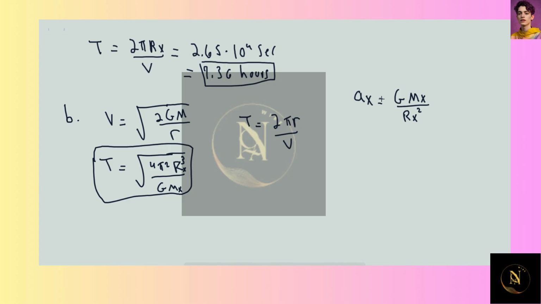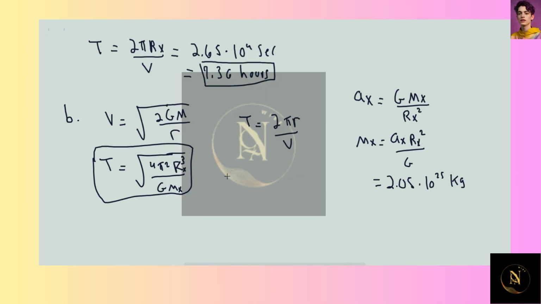So that's true on any planet, including this one. And so we know r_x, we know G, so we solve for m_x as just a_x r_x squared over G, and that should come to be 2.05 times 10 to the 25th kilograms.